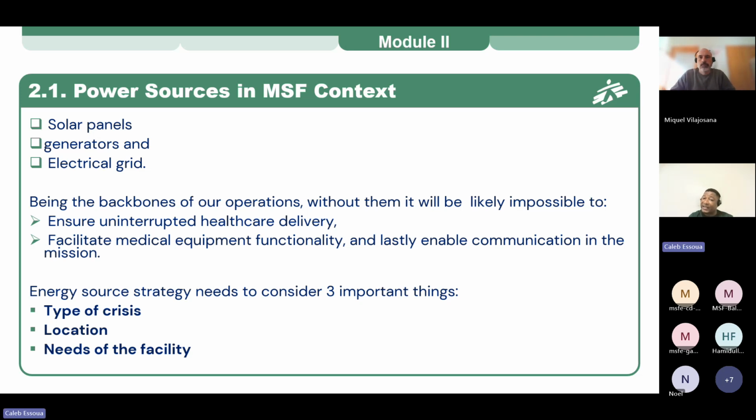So this strategy will not only help you make the right choice of your power source, but it will also ensure that no matter the context, you can still provide medical care with a reliable power source. You have to be very careful when you are thinking about buying a generator. If you think about and analyze these 3 points well, the choice that you make will be the right one, and it will be good in the long run.